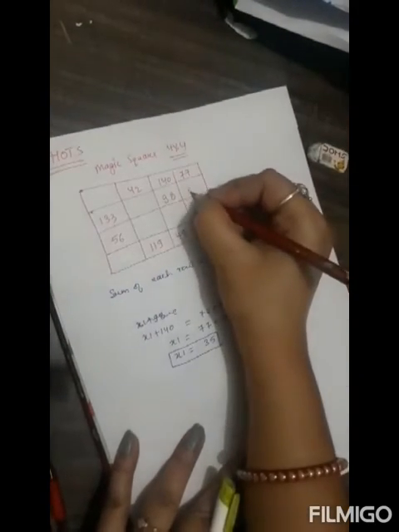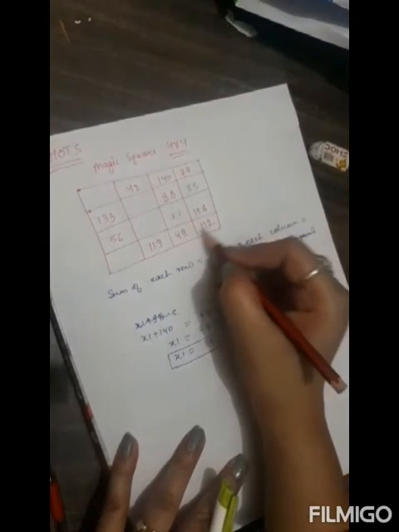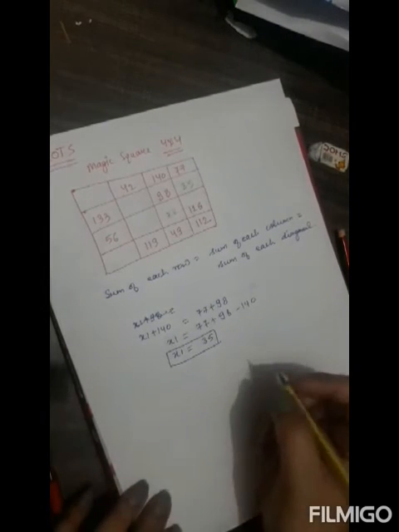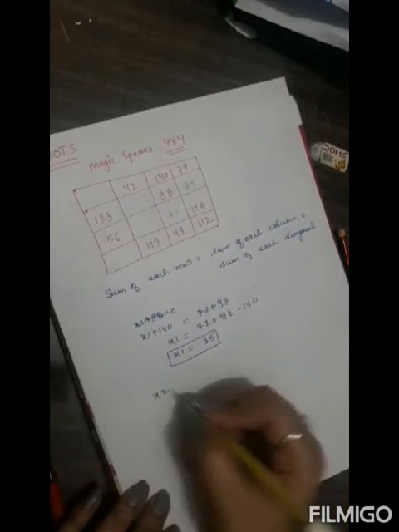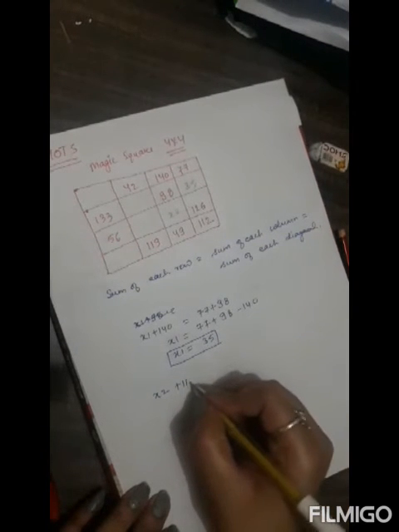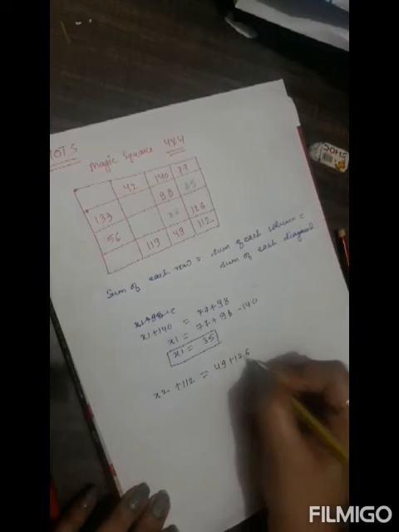35. Now similarly, if this is x2, so now I'll take this small square and I'll calculate the value of x2. x2 diagonal, sum of diagonal, so x2 plus 112 is equals to 49 plus 126.